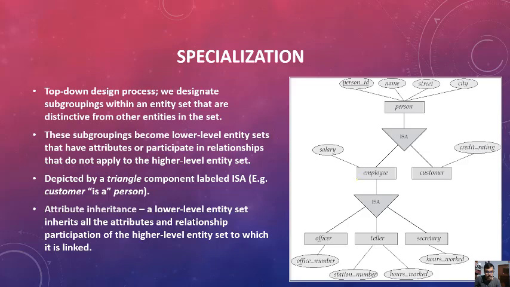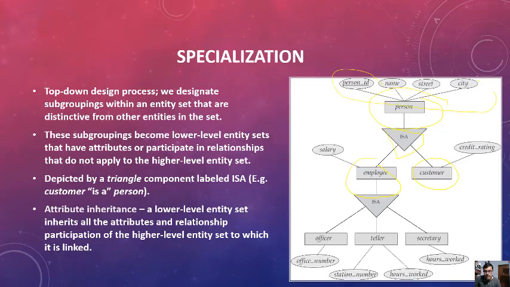It derives these attributes from the person, but an employee has a new attribute of its own called salary, which is only associated with the employee, not all persons. In case of a customer, he or she has a credit rating, which may not be necessary in case of a person, because not all persons are customers of this bank.